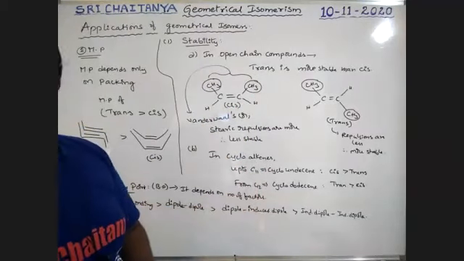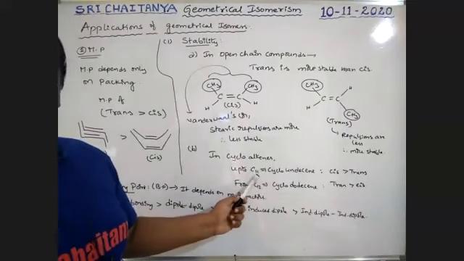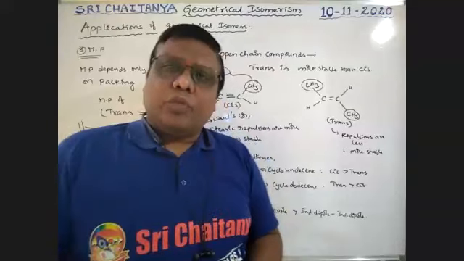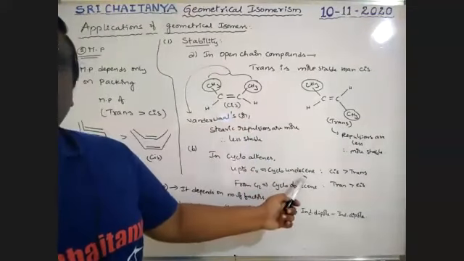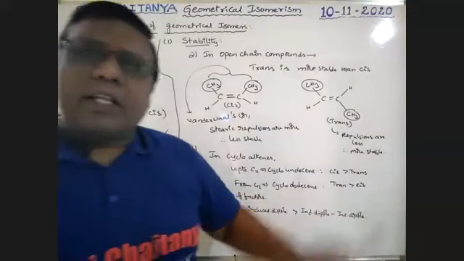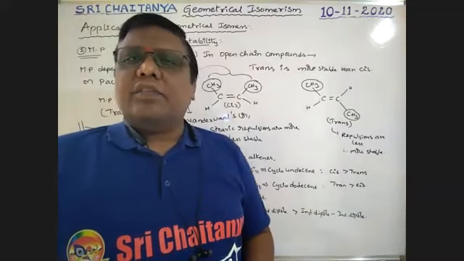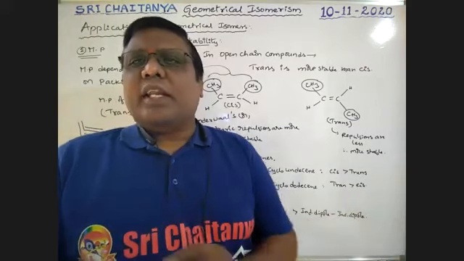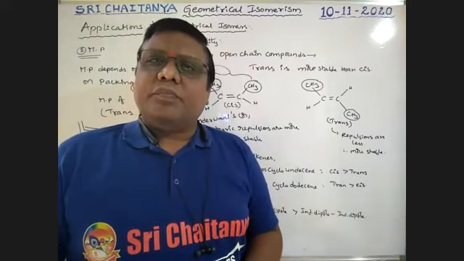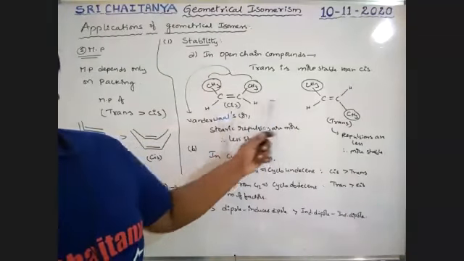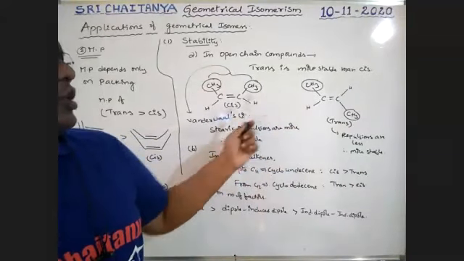In case of cycloalkenes, up to C11, that means 11 carbons in the ring, cis is greater than trans. After that, trans is greater than cis. This is all due to steric interactions and steric repulsions. Therefore, finally, in general, in open chain compounds, trans is more stable than cis.